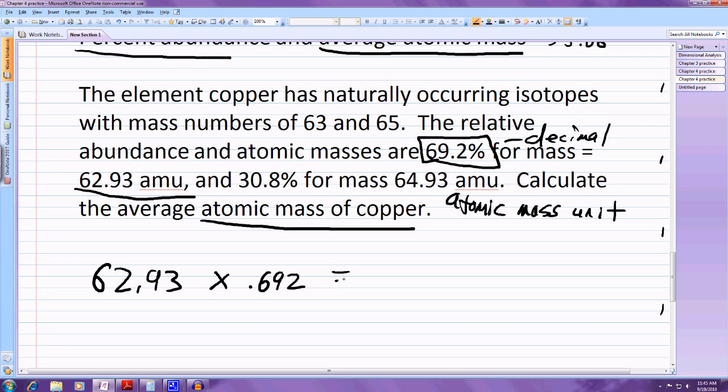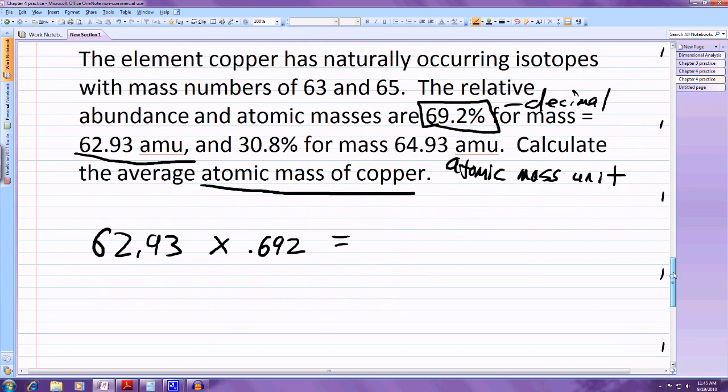We do the same thing for the other one: an atomic mass of 64.93 multiplied by 30.8%, or 0.308.